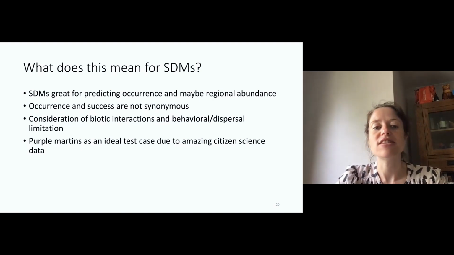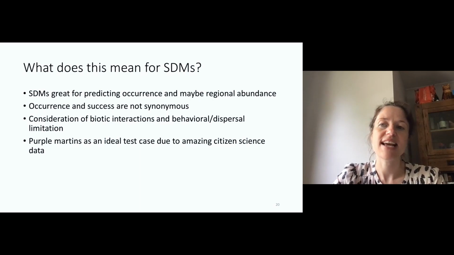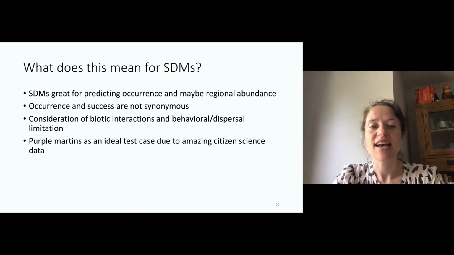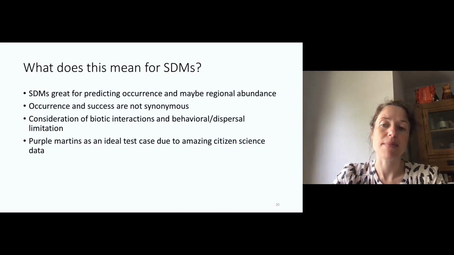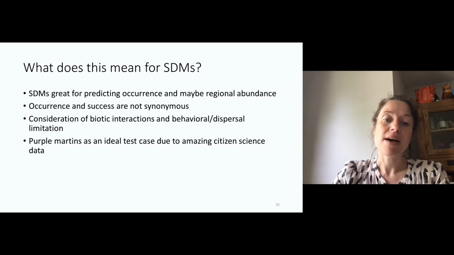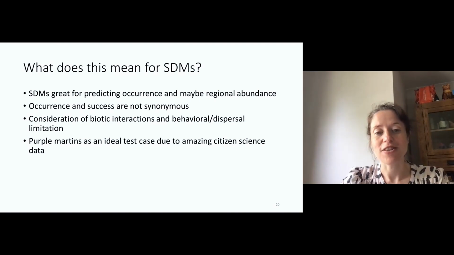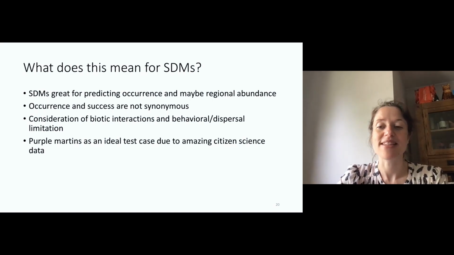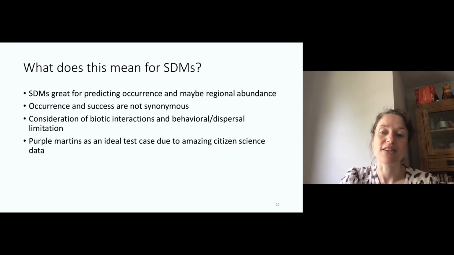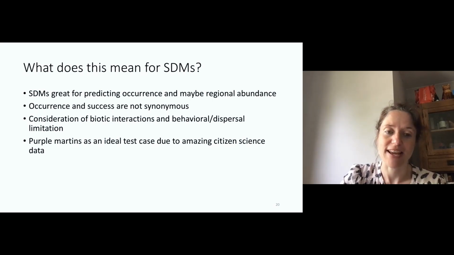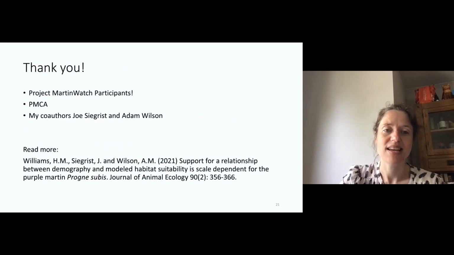Until these species distribution models can really include these super local effects of biotic interactions and more behavioural impacts based on the species, they may be limited in their utility. I think that this study also showed that the purple martin is really an ideal species to test this with, thanks to the amazing level of citizen science data that's available with that species.